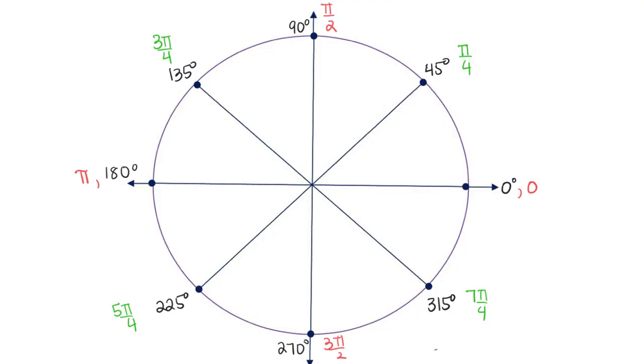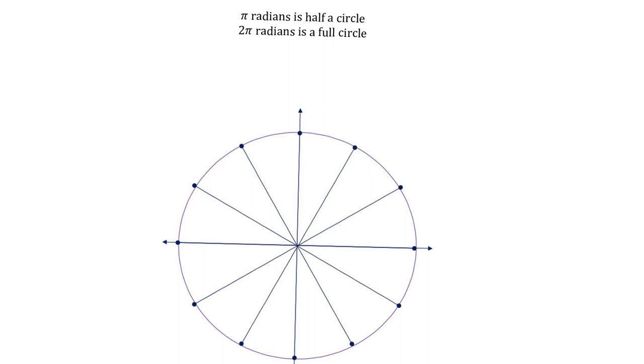Okay, so these are the important degree and radian measures on this special triangle. There's one other type of special triangle. Okay, now let's go ahead and look at this circle. This circle has more lines. I already know some of them. Let's do radians first because I like radians. This is 0. This is pi. This is pi over 2.